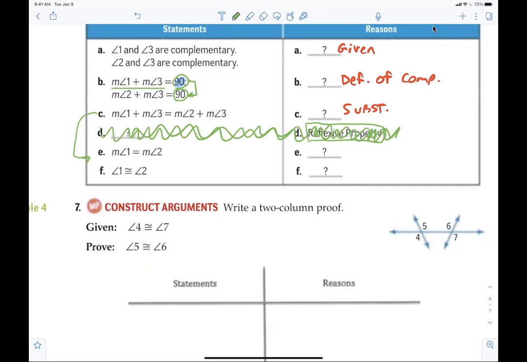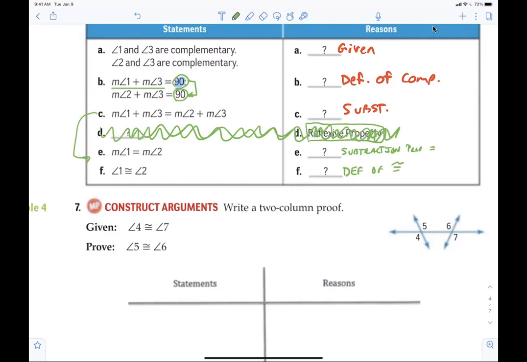I think from C to E, we could just say what? So E is just the subtraction property of equality. And then from there, what's F? Very good. Definition of congruence.